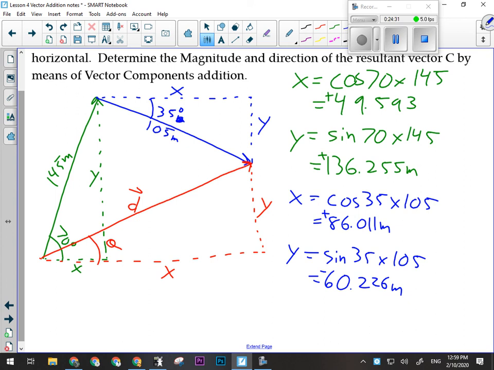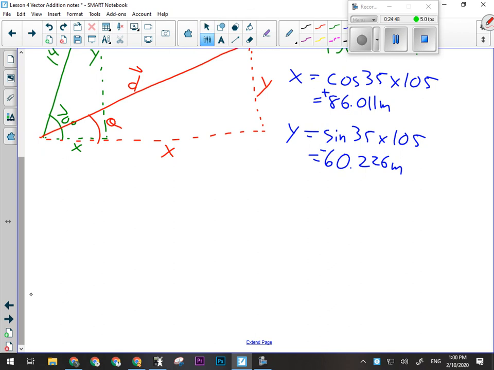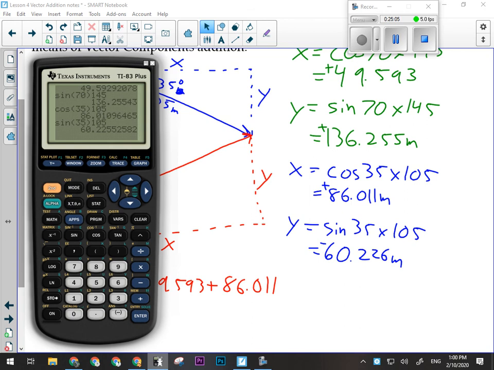Do I have enough information now to calculate what red x and red y are? Yeah, I simply add together the components that I have. I put the x's together, I put the y's together, and that gives me my resultant x and y. So red x is going to be 49.593 plus 86.011. Sorry, I have the old version of this calculator where you can't just put that number in memory.